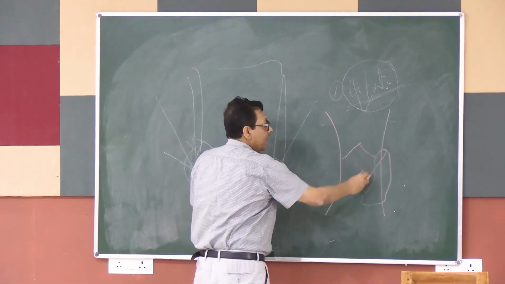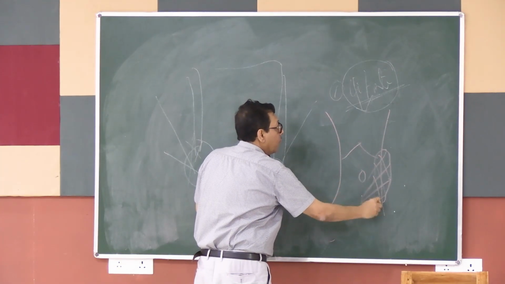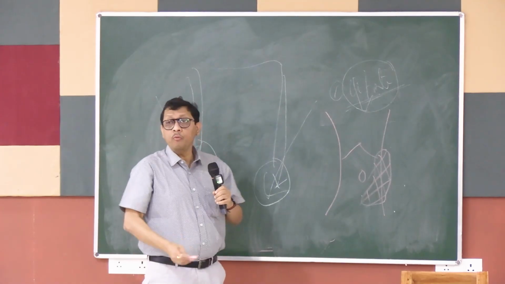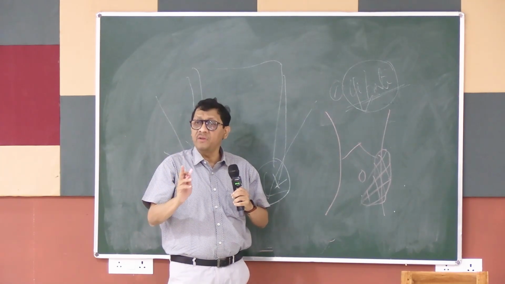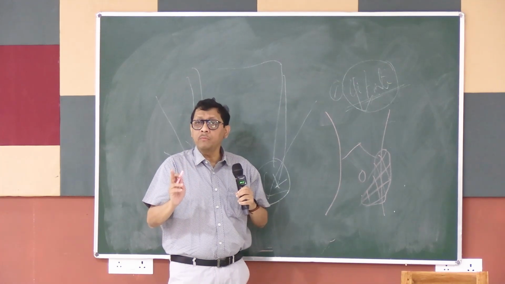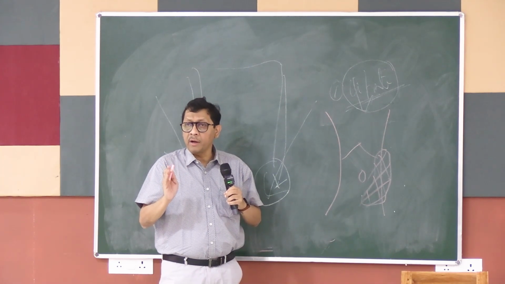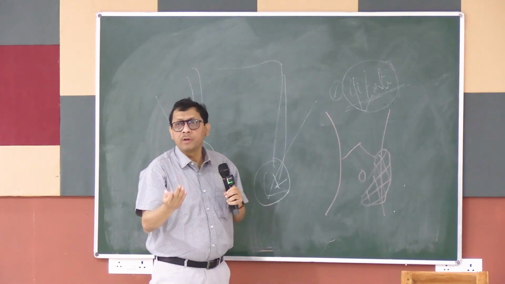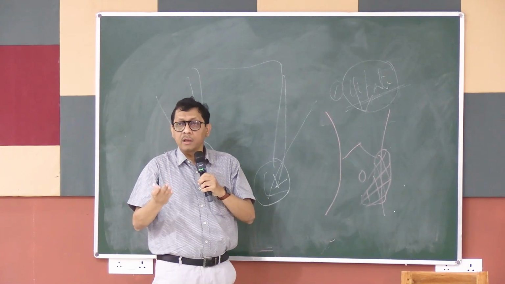This is the flank. They come with flank pain. Why? The reason is, always try to remember by reasoning. Because the kidney and ureter are retroperitoneal structures.